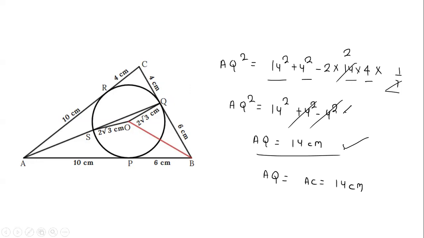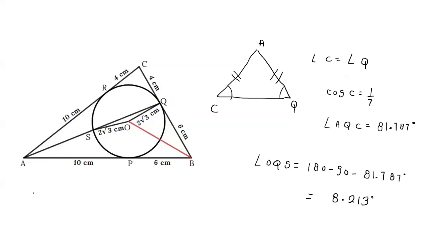So now you can see that this AQ will be coming as 14 centimeter, and this AC will also be this 10 plus 4, 14 centimeter. So in the triangle ACQ, this AQ and AC both are 14 centimeter. So AQ and AC both are same, so this angle and this angle will be same. It will form an isosceles triangle.